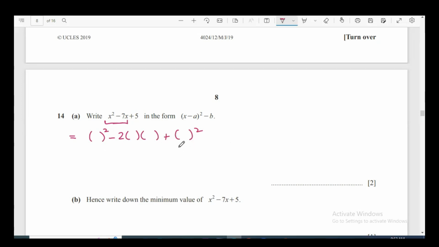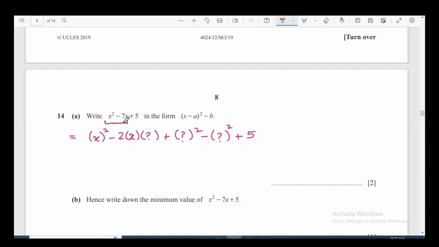So to eliminate the third term, you have to write minus empty parenthesis square and plus 5 is remaining. So going to write plus 5. By putting the value of a and b, a is x here, so I'm going to write x, a square, but b is unknown here.